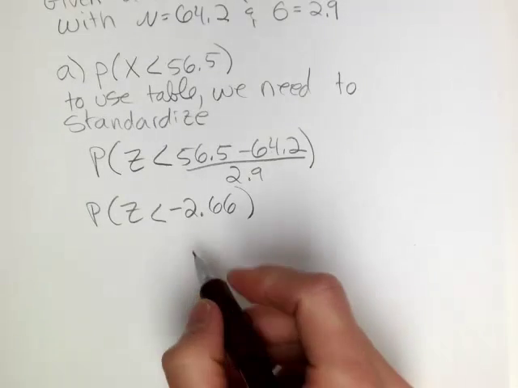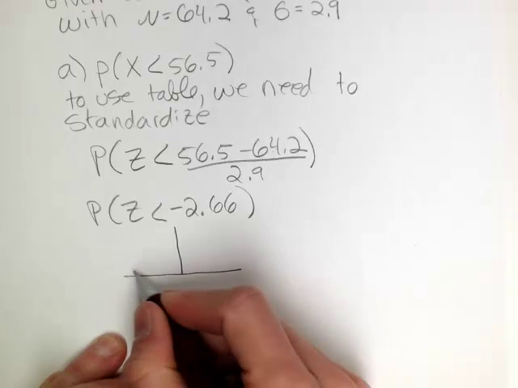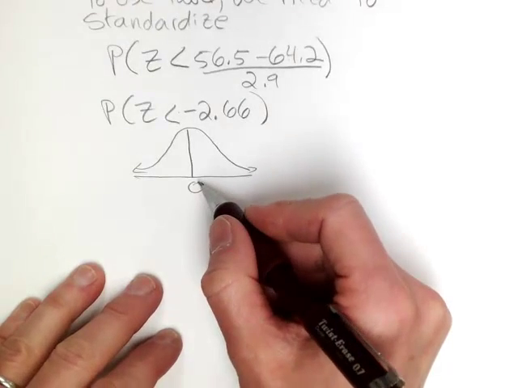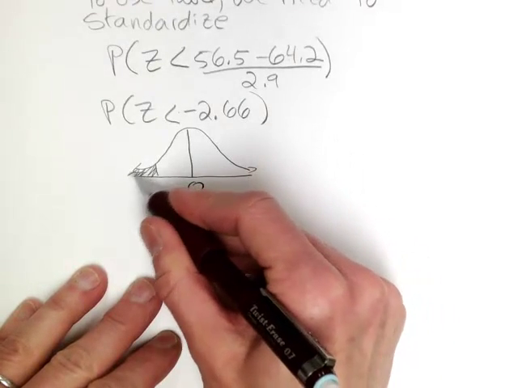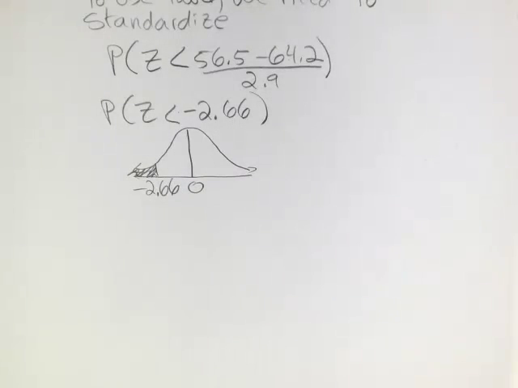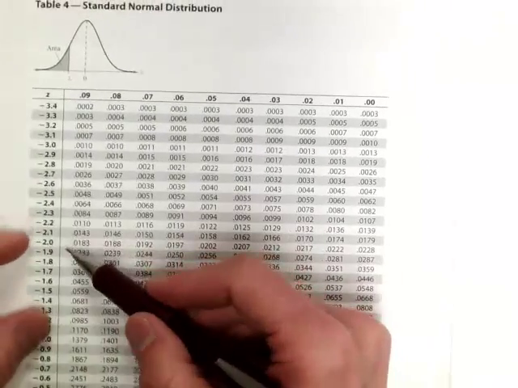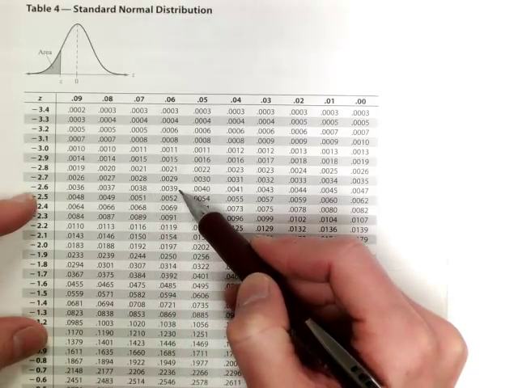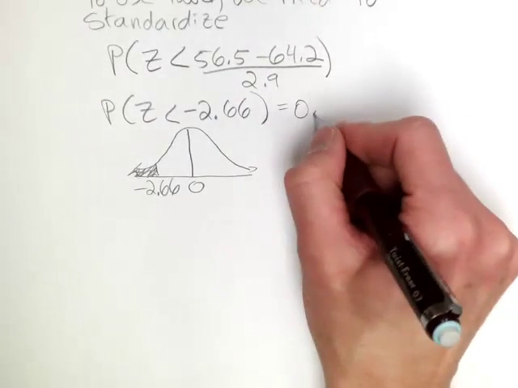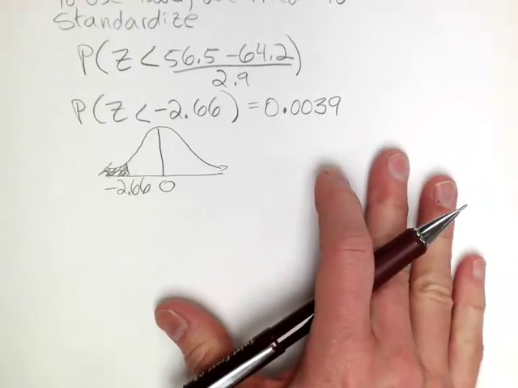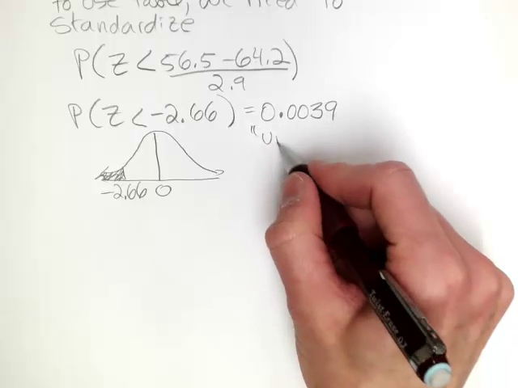Okay? So drawing a little bell curve, putting 0 in the middle, I want to shade a lower tail. I have negative 2.66. And looking at the table, that area is about 0.0039. Okay, so yes, since this is less than 0.05, this is considered unusual.